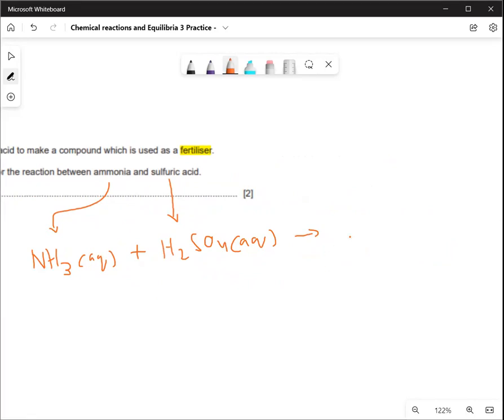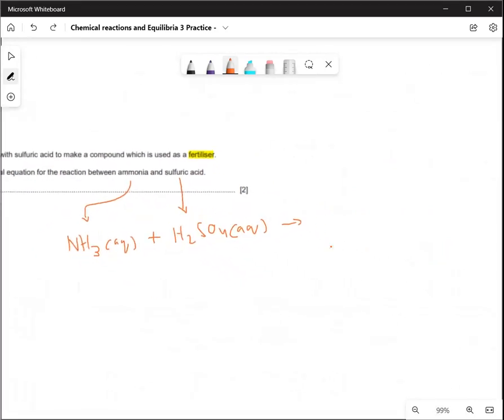Now, this question you haven't really done. Perhaps this may be a bit difficult. Should I help? Yes, sir. Okay. So what happens is the reaction between ammonia and sulfuric acid will give us NH4 twice, SO4.